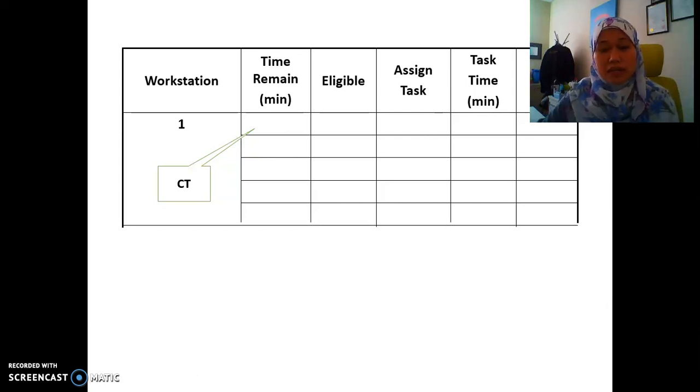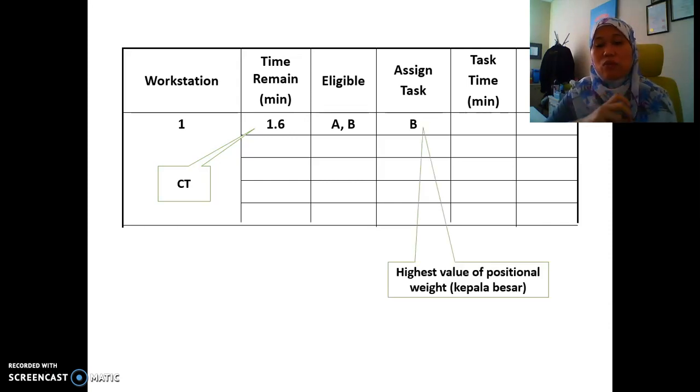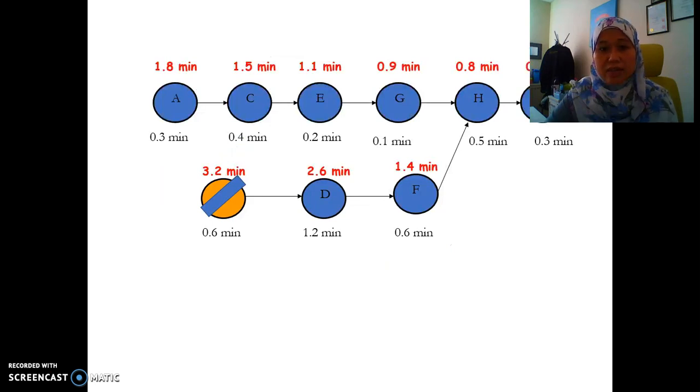In this case, we calculated earlier it is 1.6, and the eligible tasks right now are either A or B. Since we applied the rule of the greatest positional weight and found that B is the answer, we have to use B. The task time for B is 0.6. Next, we're done with B, so there are no more rules, and then we have either A or D.